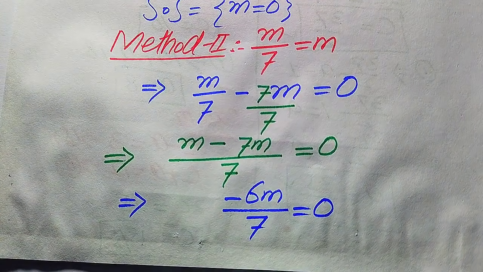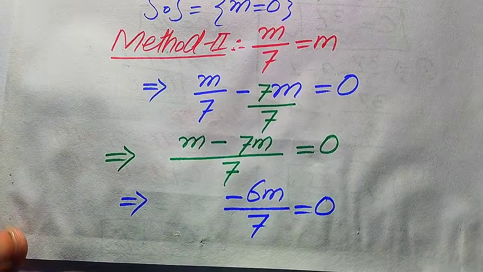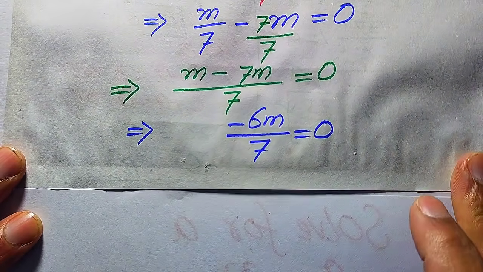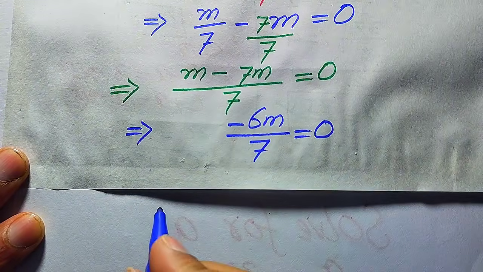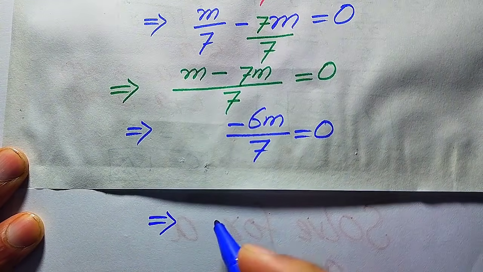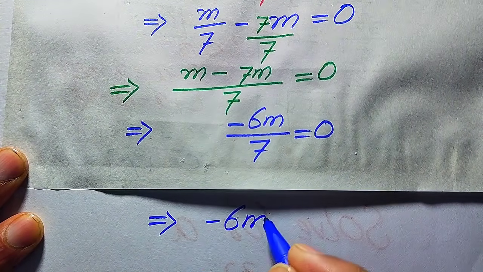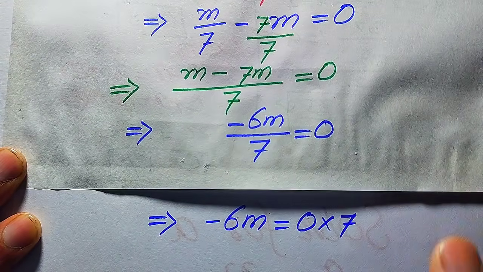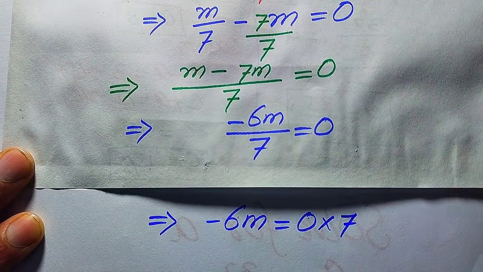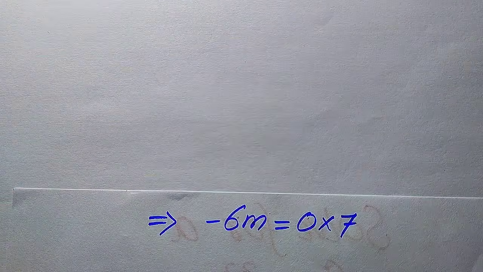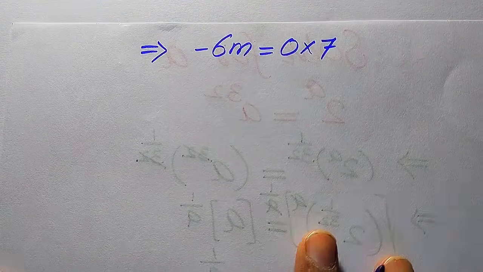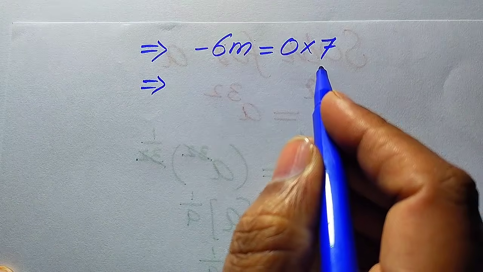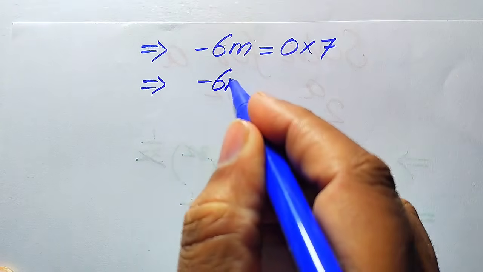And in the next step, for the values of m, we need to move this 7 to the right hand side, and when we move the 7 to the right hand side, it will be written as minus 6m is equal to 0 multiplied by 7. When we multiply 0 with any other number, the answer is always 0.